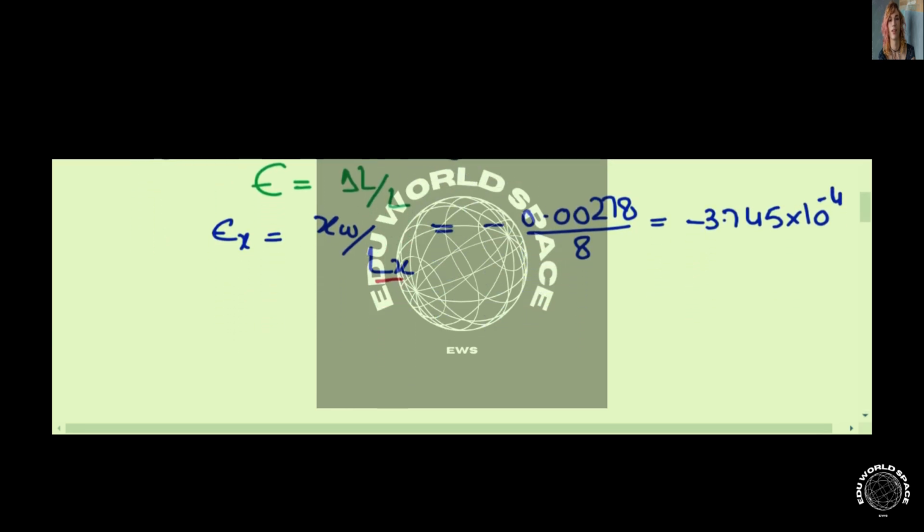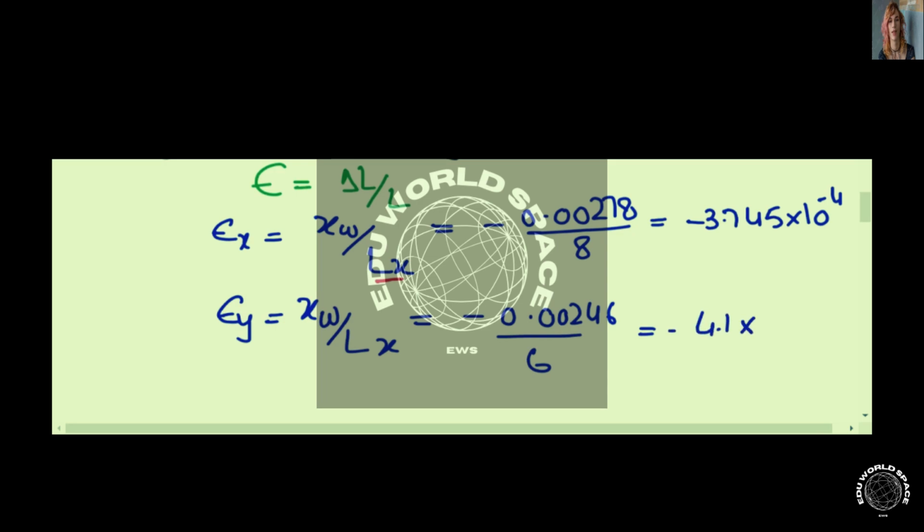And then we need to find out the strain in the y direction, so that would be del sub yw divided by L sub y, right? And that is equal to negative 0.00246 divided by 6, and that is equal to negative 4.1 into 10 raised to power negative 4, right?